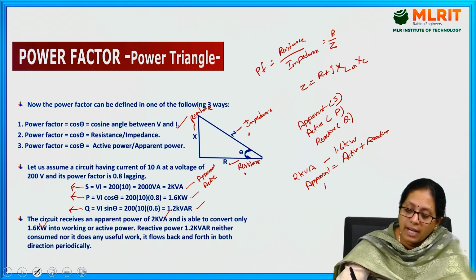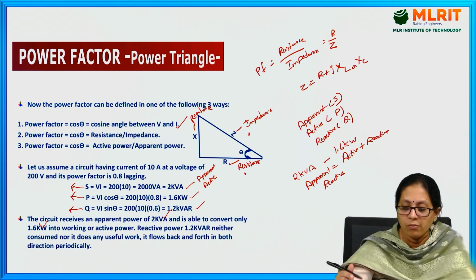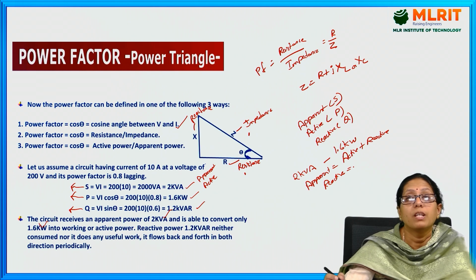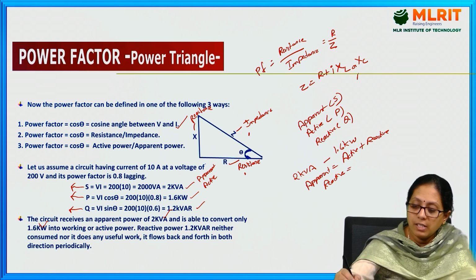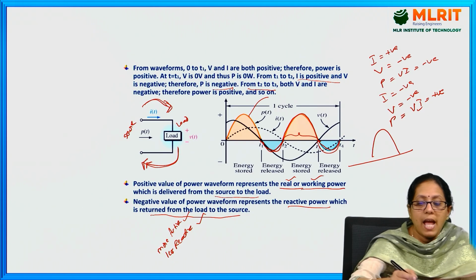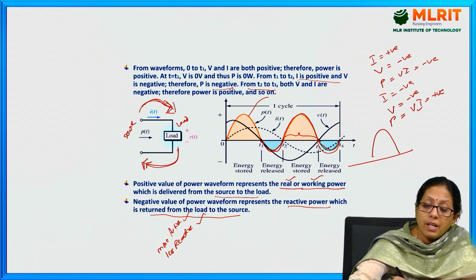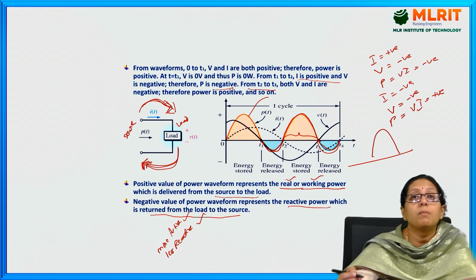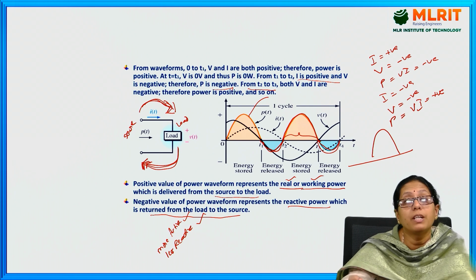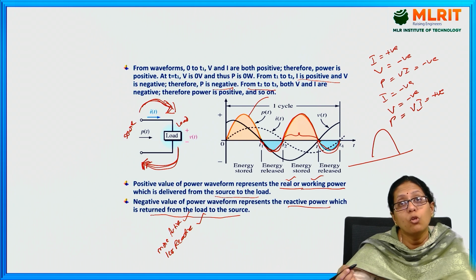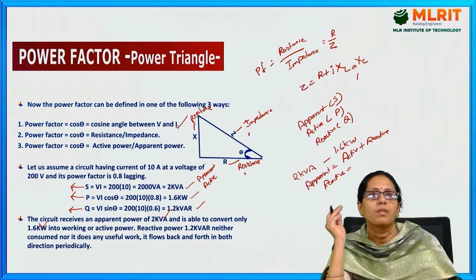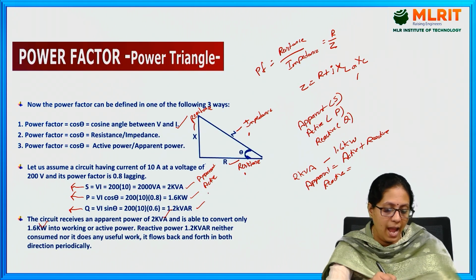See, the active power is the power which is flowing from source to the load. The reactive is the power which is being wasted or which is being returned back from load to the source. So, the active should always be more than the reactive. So, here the active is 1.6 and the reactive is 1 point.